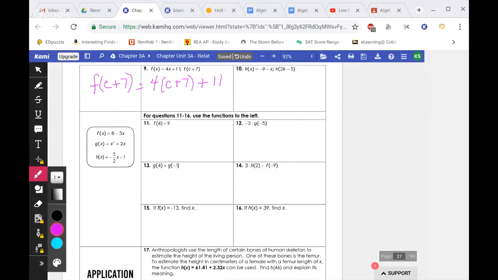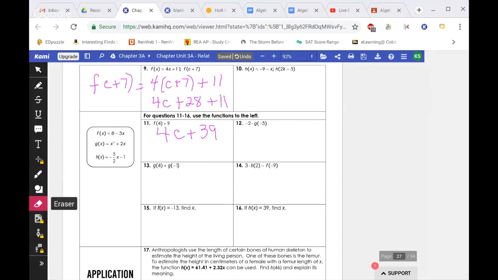So I'm going to distribute just like I've always done. I'm going to distribute that 4 to both the c and the 7. So 4c plus 28 plus 11. Sorry, I'm going down into this other box here, but 4c, I'm going to combine like terms. So that gives me 39. So my final answer is 4c plus 39 for number 9.